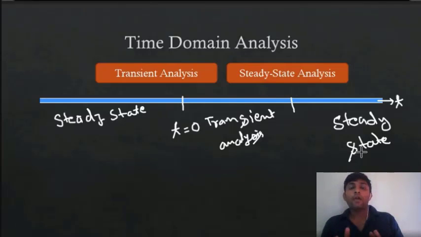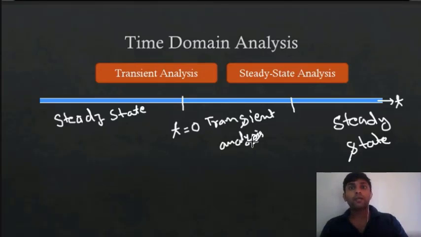So we will have two kinds of responses: one is the steady state response and one is the transient response. Our main focus will be on this transient response. That means, after switching the circuit, what will be our response? What will be the voltage across the inductor, or the current through the capacitor? What will be the current through the inductor, or the voltage across the capacitor?